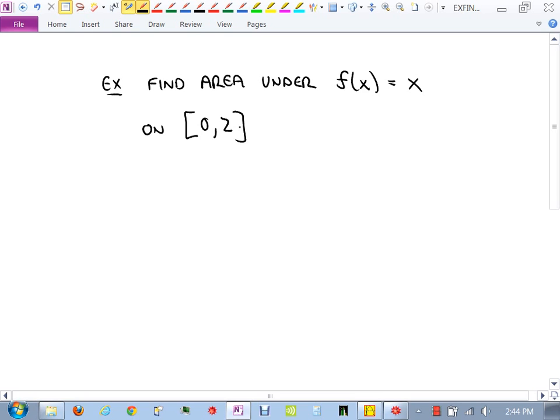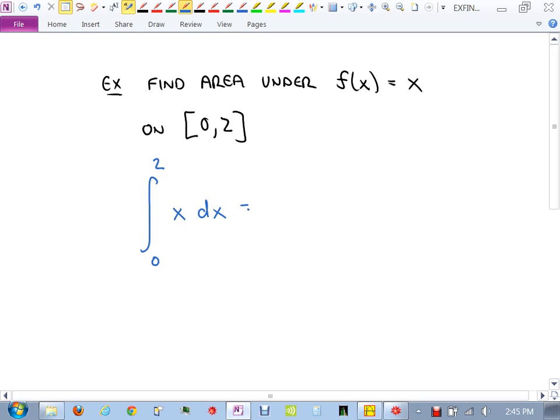So in terms of calculus, here's what I'm asking for. The integral, the way we say this, the integral from 0 to 2, what's the function I'm trying to find the antiderivative of? x dx.